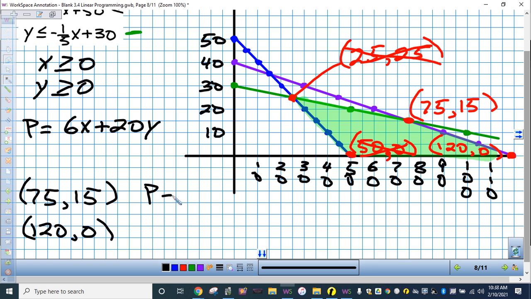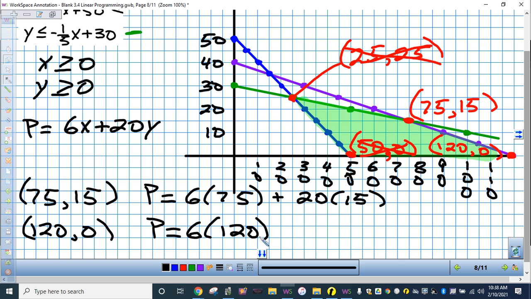So you get 6 times 75 plus 20 times 15, and we get 6 times 120 plus 20 times 0.